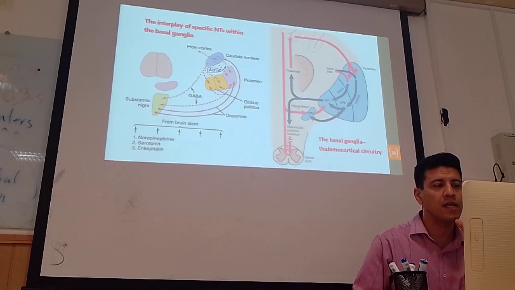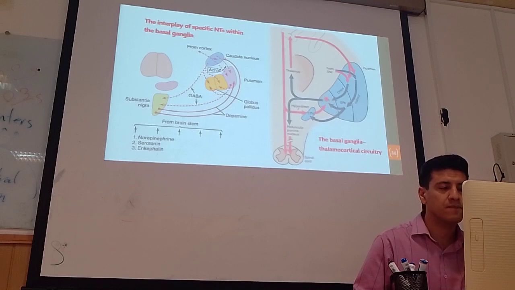The input is the putamen and also the subthalamic nucleus here. They receive inputs directly, but the output is globus pallidus internal. Globus pallidus internal inhibits the thalamus. Thalamus activates the cortex. So we call this pathway the direct pathway.